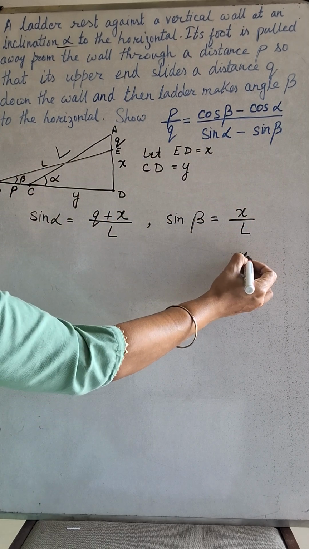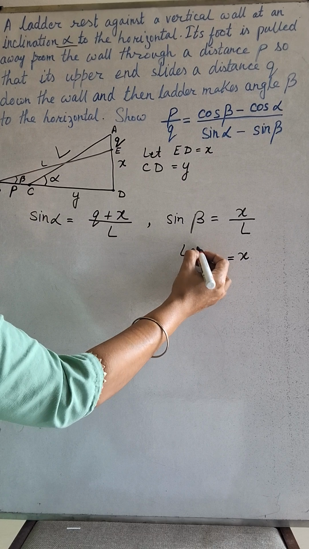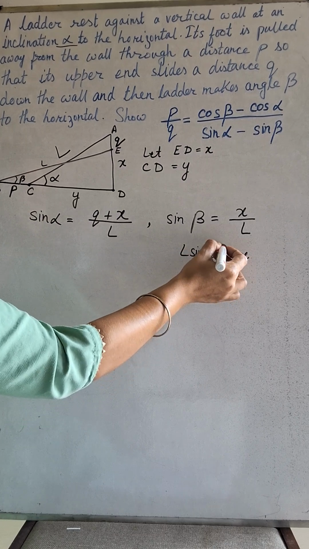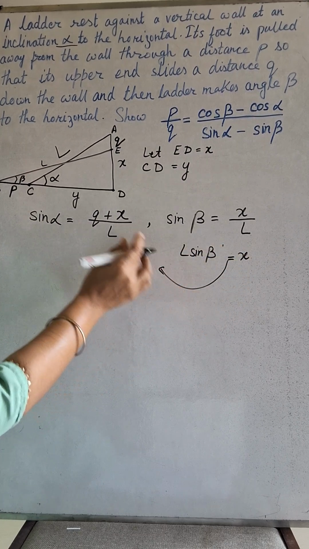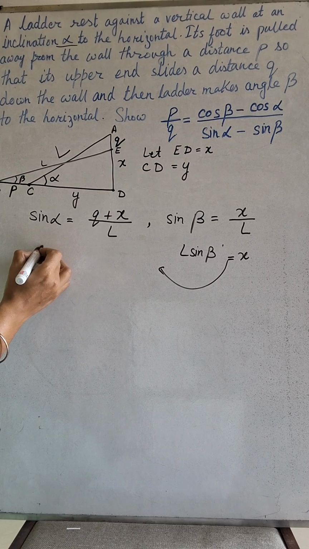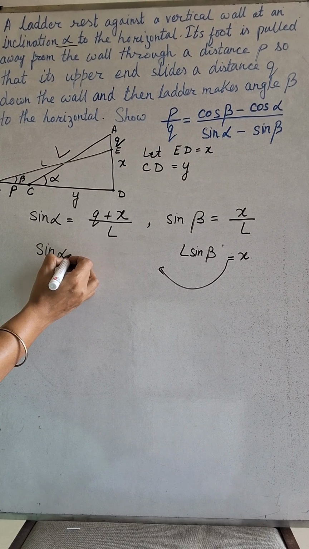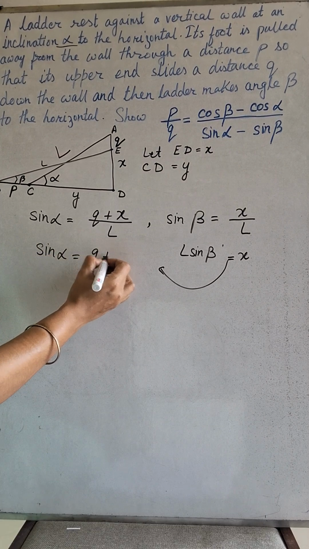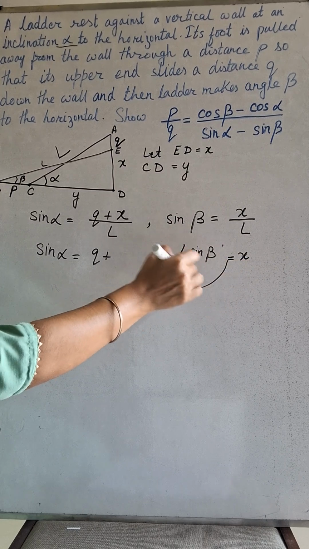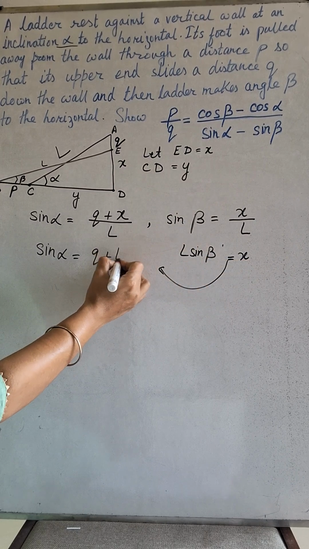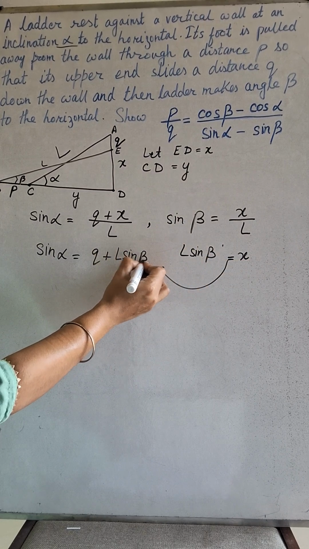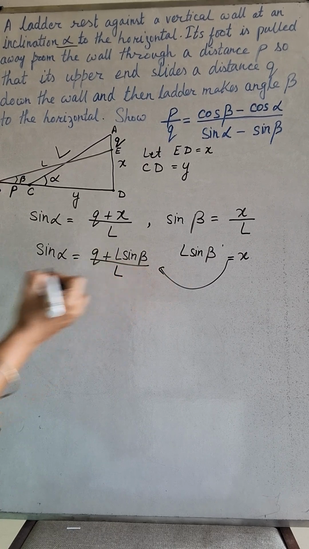So x will be equal to L sine beta. Just put this value in our first equation. So our sine alpha will become q plus, instead of x, L sine beta, by L.